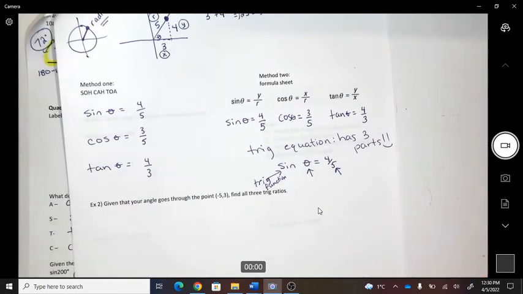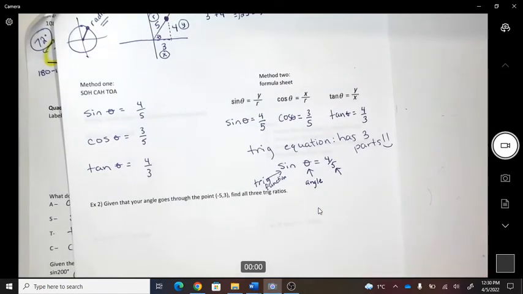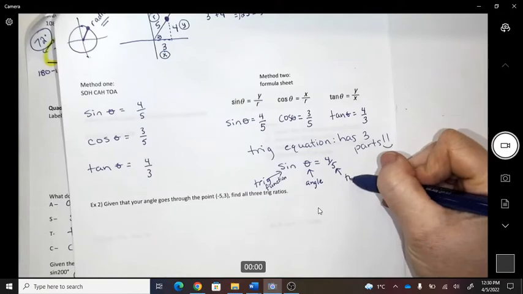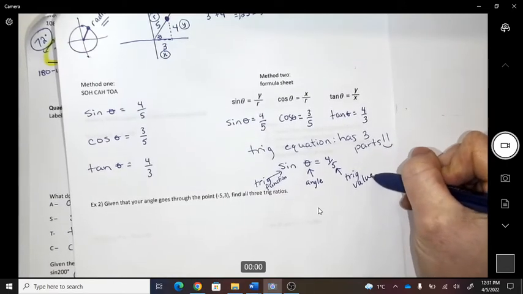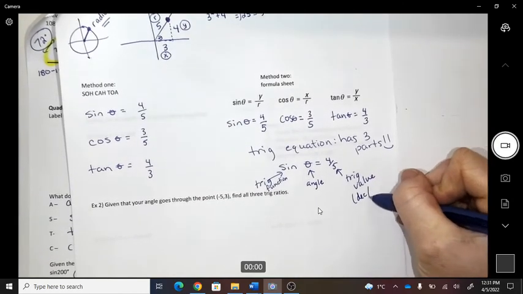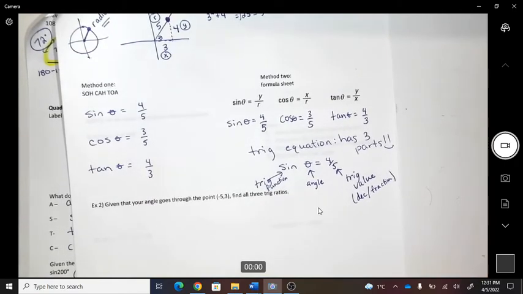Then you always have to put something for the angle. So sometimes it'll be like 30 degrees and sometimes it will be the variable. And this is the trig value. Often it's either a decimal or a fraction. Okay, but it always has to have those 3 parts. I get a lot of people who just write sine equals 4/5. Sine what? You have to have this, this, and this.